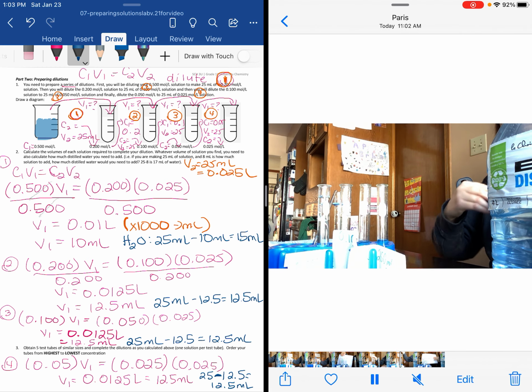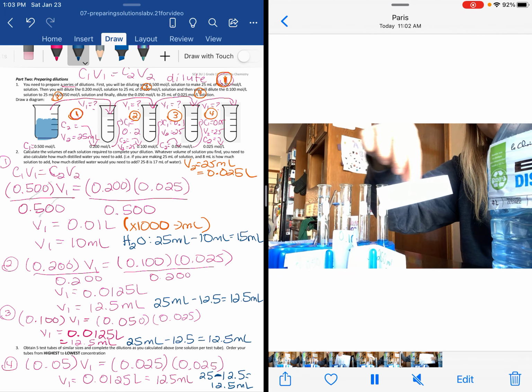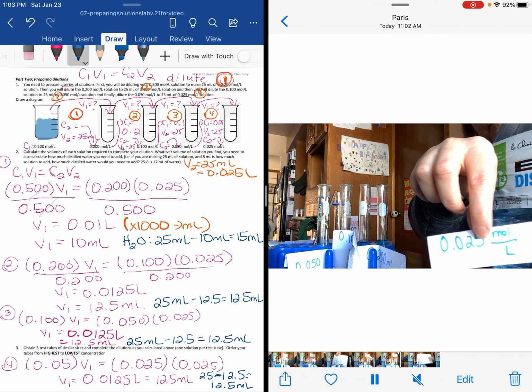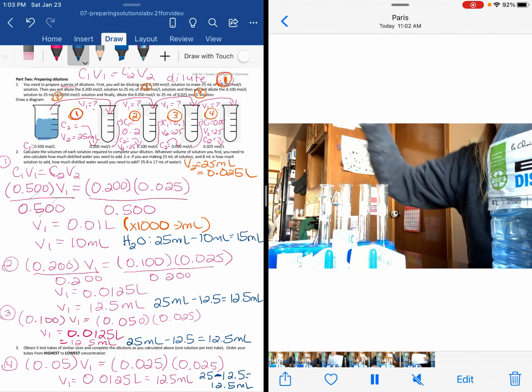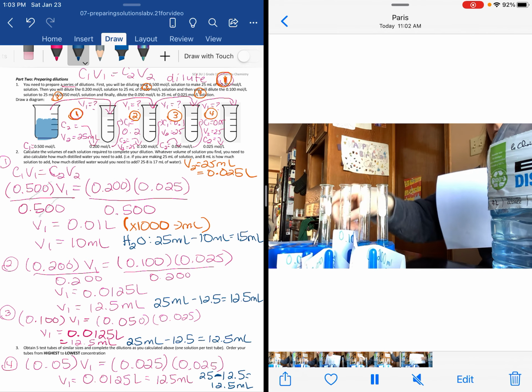So when I show you the difference in the color, you'll see that the last one is almost white, or sorry, almost looks clear.